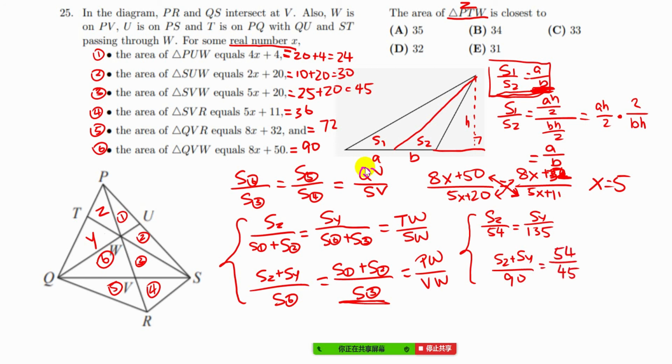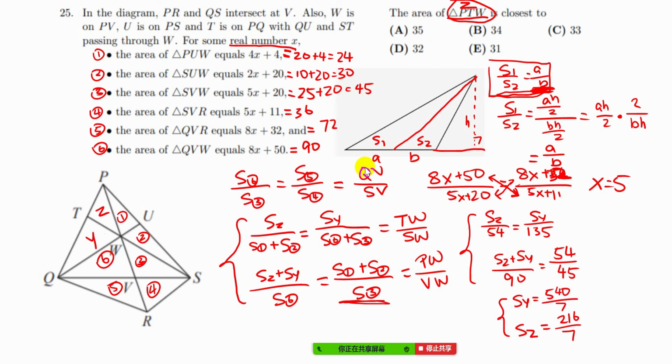And then we just solve for SZ and SY. But we don't have a lot of time, so I'm not going to show the process. And then in the end, we would get SY equals 540 over 7, and SZ would equal 216 over 7.